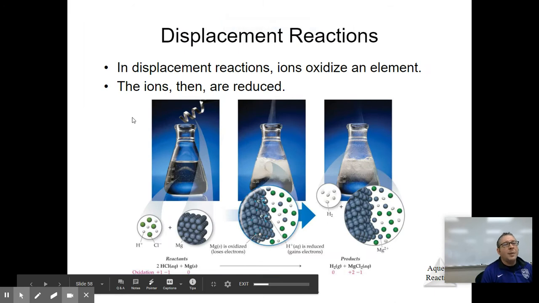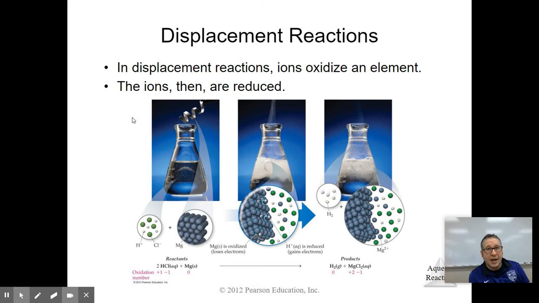We're going to be looking at displacement reactions, but also we're going to be utilizing ionic equations, net ionic equations. Basically we're going to be identifying substances that are being oxidized and substances that are going to be reduced based off of the net ionic equations and how the substances that are left appear in the beginning and at the end.